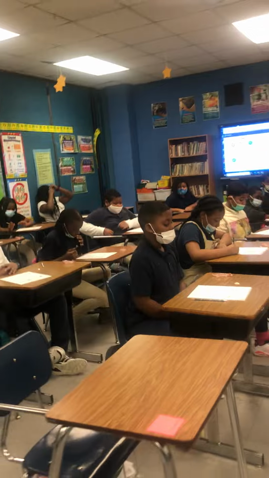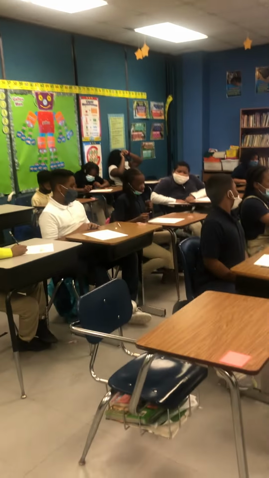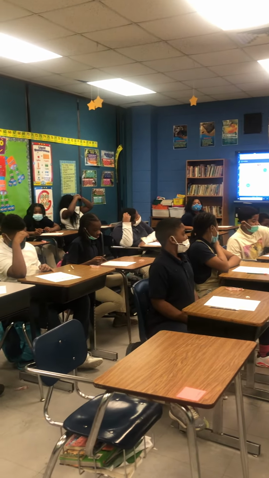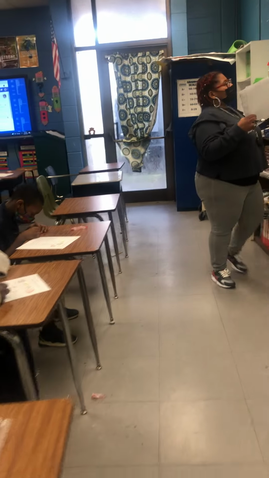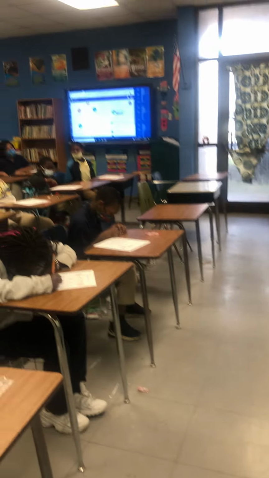Okay, so Janaya, how many purple do you have? I have 3 purple. Okay, so they said what fraction of the Smarties are purple and white. Can you go ahead and come up here and write your fraction for number 5?